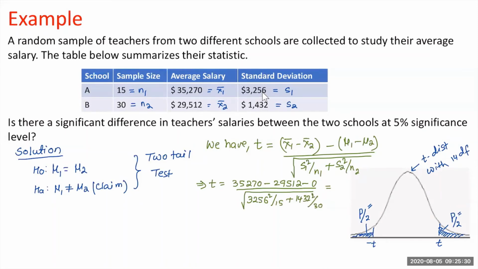Now we need to simplify this using calculator. Make sure you put parentheses in the numerator so that you will get the correct result. And after simplification, you should get 6.5401. That is your t value.